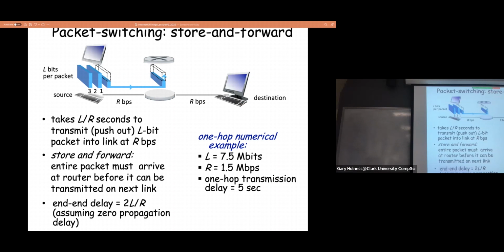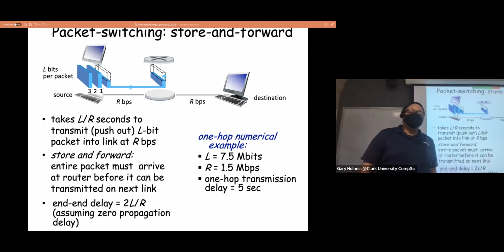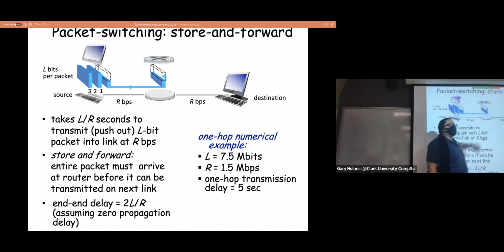And the more buffer space, the better performing your router can be because it can handle more traffic coming in. Okay, and so if it takes the size of the packet divided by the transmission rate, L over R seconds, to transmit, that cost is paid for every single point-to-point connection or every so-called hop.